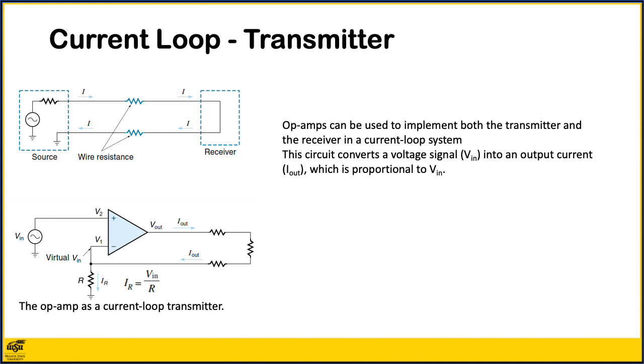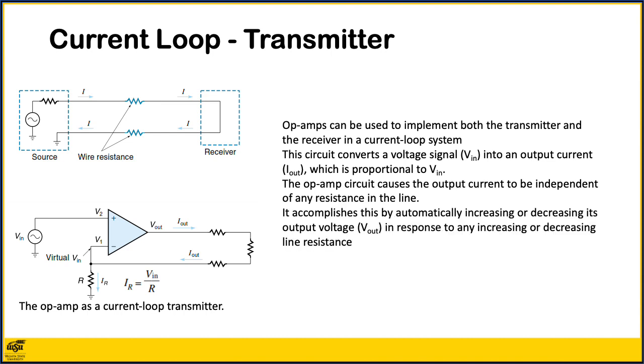The circuit converts a voltage signal Vin into an output current Iout, which is proportional to Vin. The op-amp circuit causes the output current to be independent of any resistance in the line. It accomplishes this by automatically increasing or decreasing its output voltage Vout in response to any increase or decrease in line resistance.